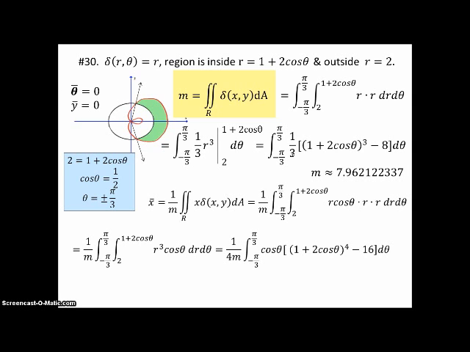I substituted the 1 plus 2 cosine theta and the 2, and 2 to the 4th is 16. And again, I used the calculator to figure that out and substituted 7.962122337 for m, and I got this value, 2.23775, for x bar. So there's our centroid slash center of mass, 0, 2.24 approximately.